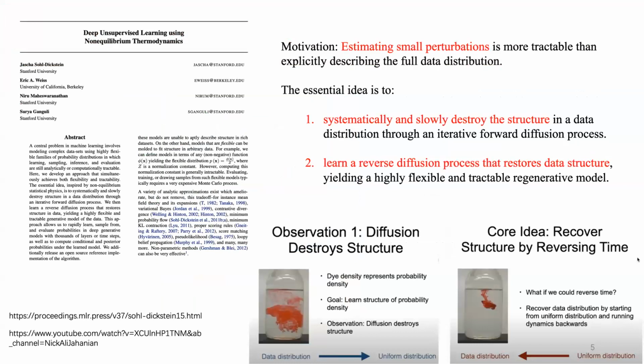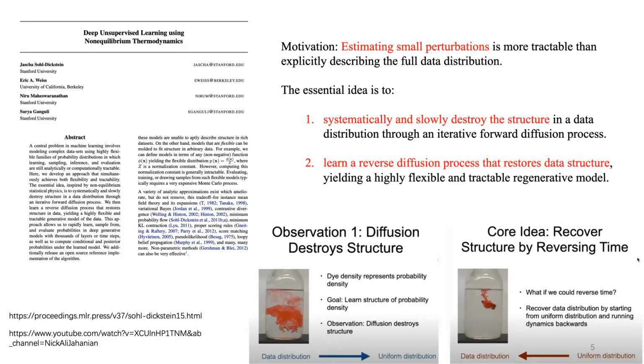The concept of diffusion models is from a paper from about 2015. Their motivation was estimating small perturbations in the trajectory. Their essential idea is to slowly destroy the structure of the data through an iterative forward diffusion process, and then a reverse diffusion process restores the data structure.